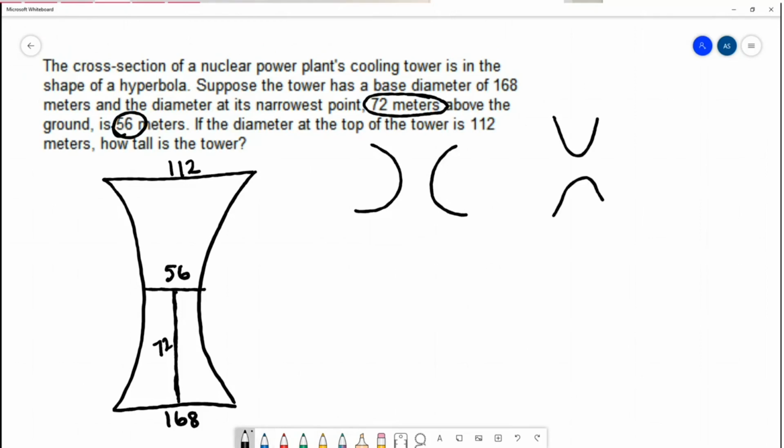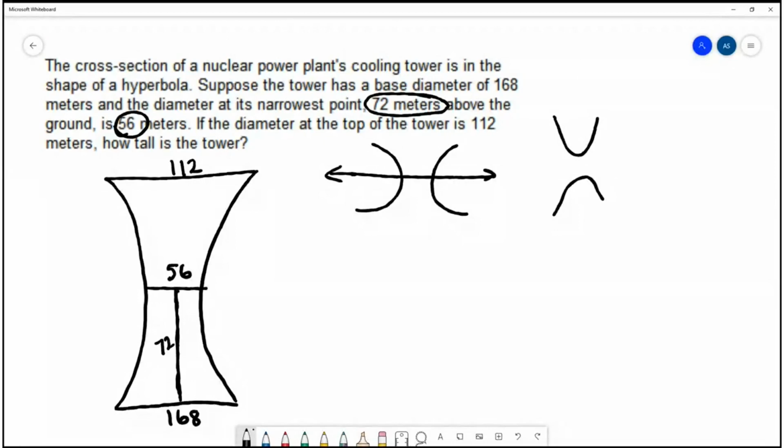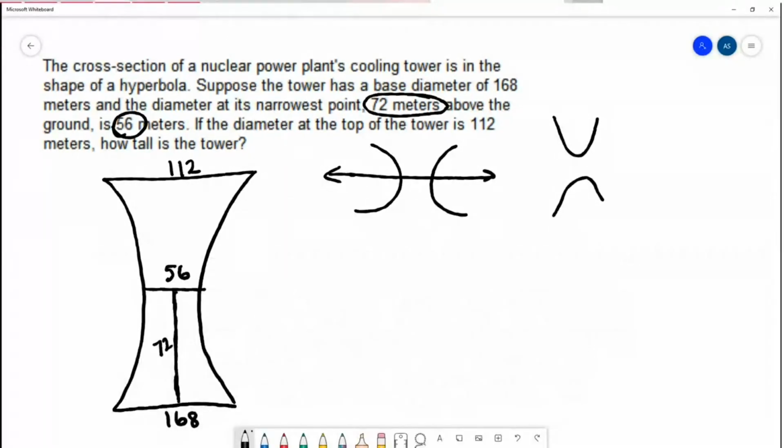With the horizontal orientation, we have our horizontal transverse axis, and that has a center, vertices, and foci all falling along that horizontal line. And when we have a vertical transverse axis, we have the center, the vertices, and the foci falling along in that vertical orientation.